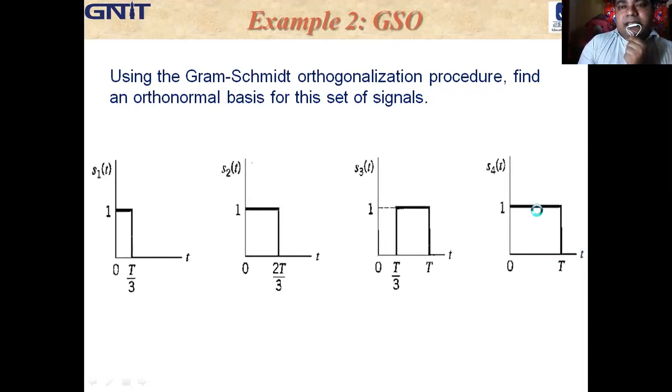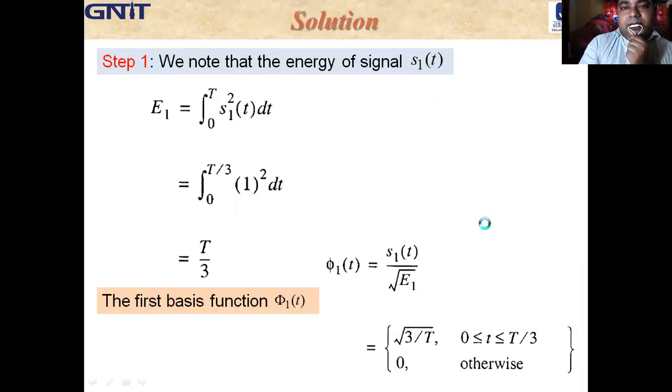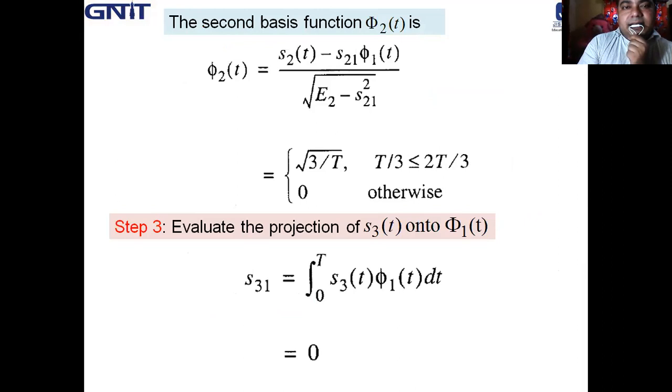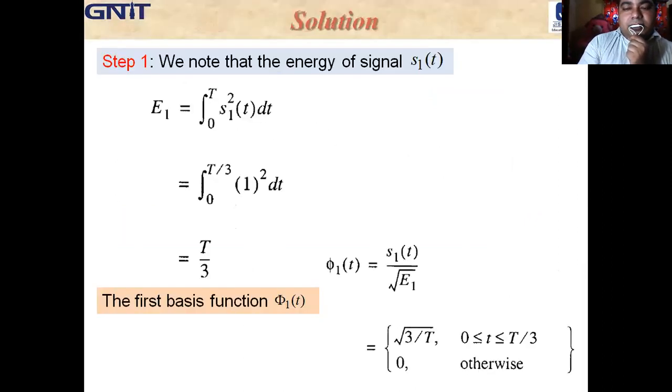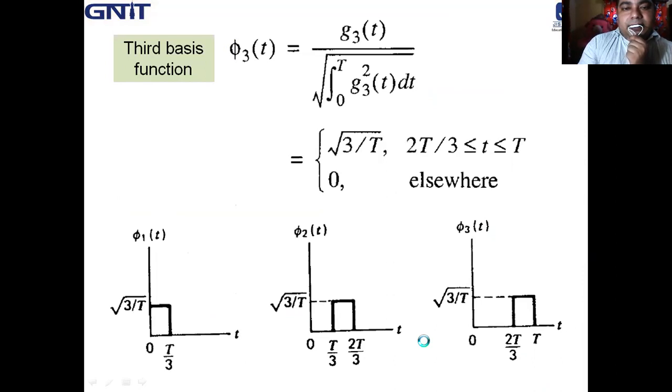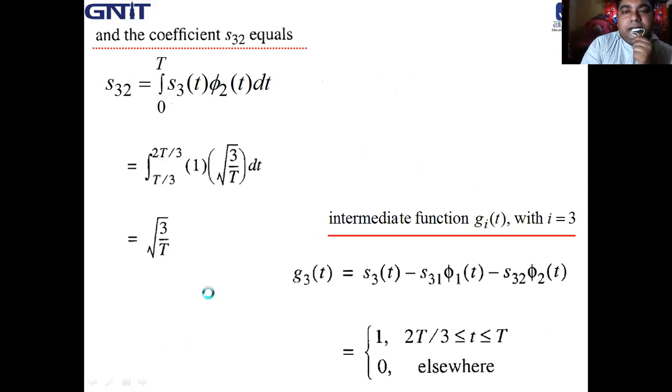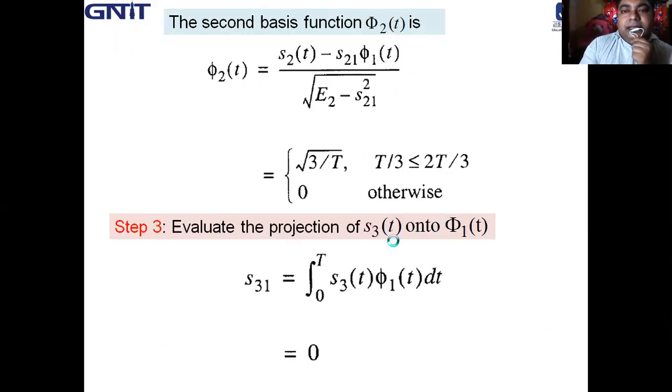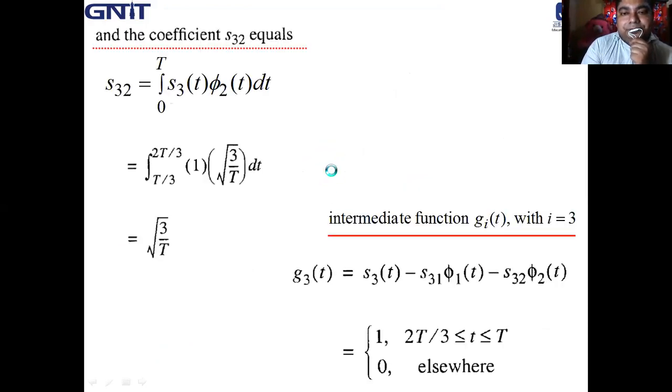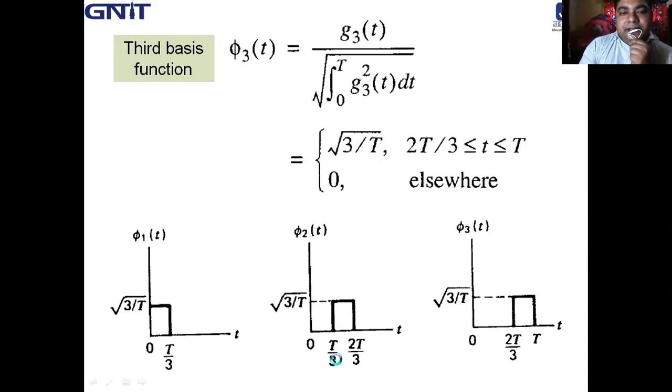So only 3 basis functions are present. The first basis function belongs to 0 to T/3, with root over 3/T as the amplitude. The second basis function phi 2(t) exists for T/3 to 2T/3, and amplitude is again root over 3/T.